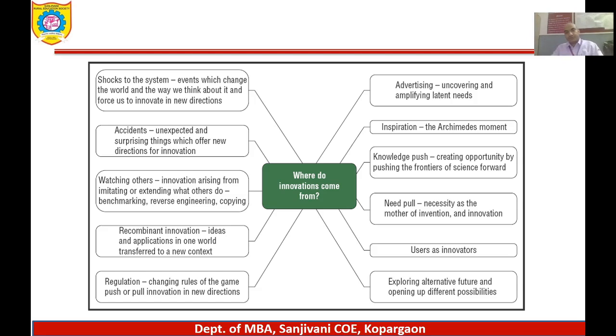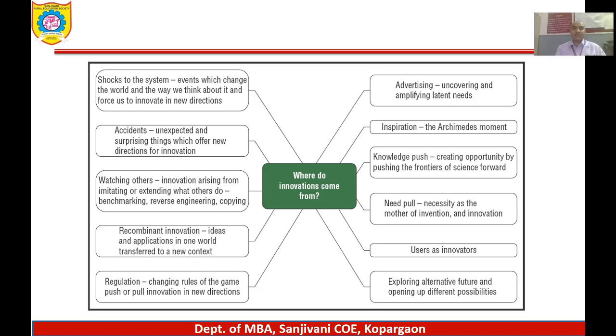Moving forward, where does this innovation come from? See, it is very challenging for all of us to understand why innovation is important and where innovations come from. There are a few aspects, like shocks to the system, which means that in an organization, if something happens which impacts the performance of the organization, or phases like inflation, stagflation.